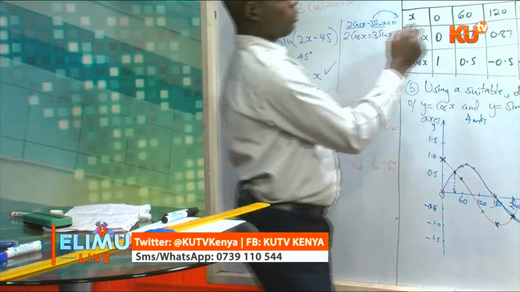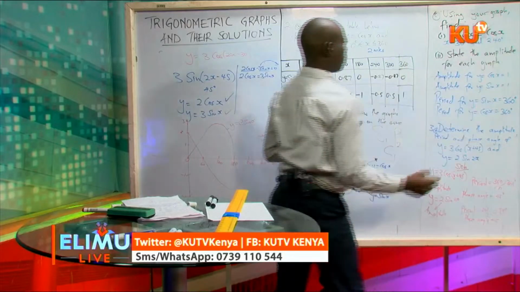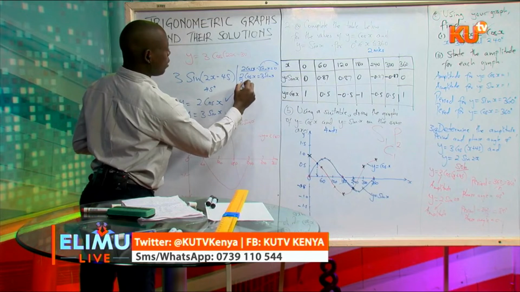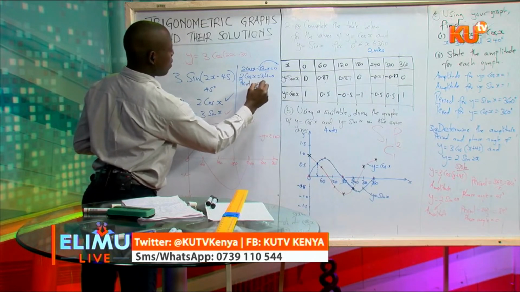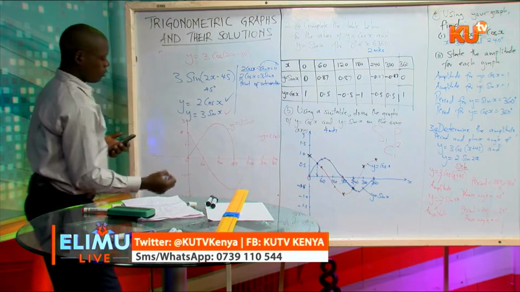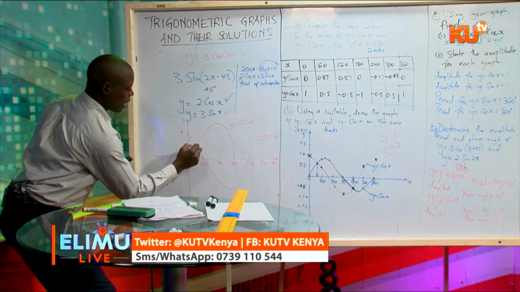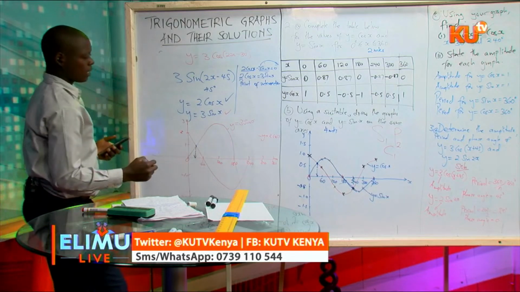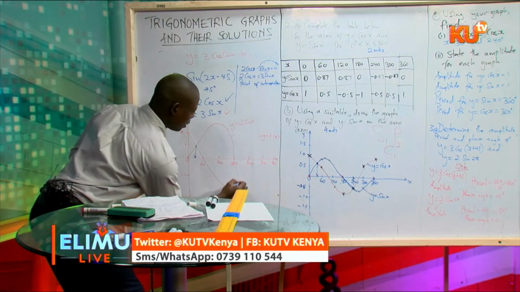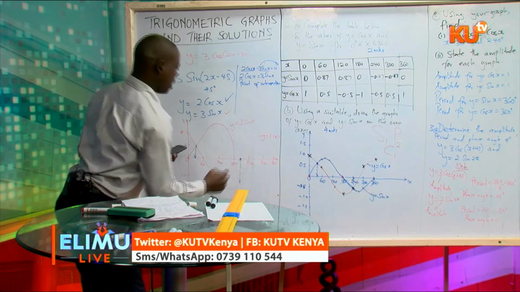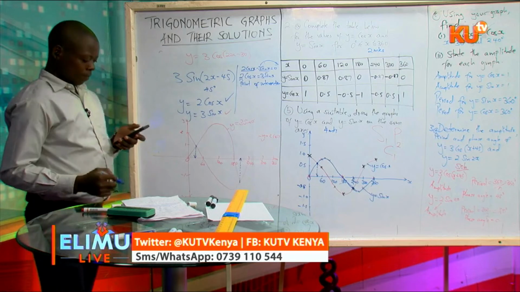And this is the same situation we have here. So where the two graphs are equal simply means go for the points of intersection. Get the point of intersection of the curves. And so you get to this point and extrapolate to the x-axis, read the value of x. Again at this point, extrapolate to the x-axis and read the value of x.